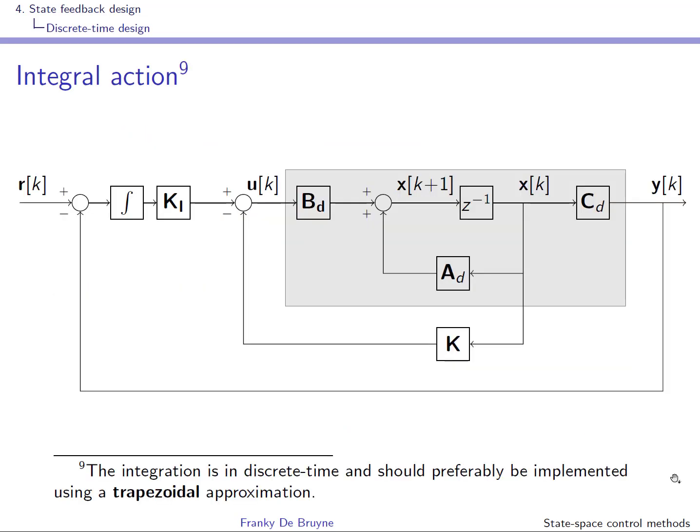The picture that you see here for discrete time implementation of integral action looks a lot like the one that you had for continuous time implementation, except of course that the Ki, right, and the K come from a discrete time design. Also, the integrator has now to be implemented in discrete time. So there are different ways to do this, and I refer to the course of digital control.